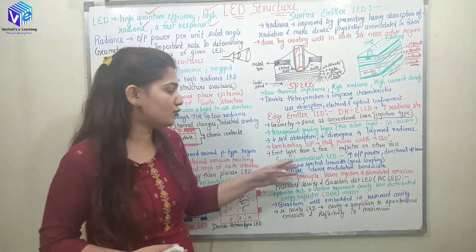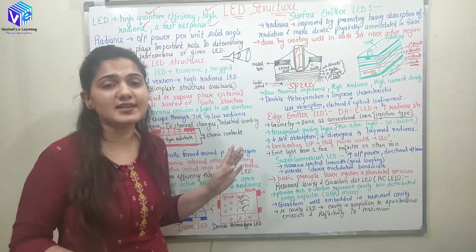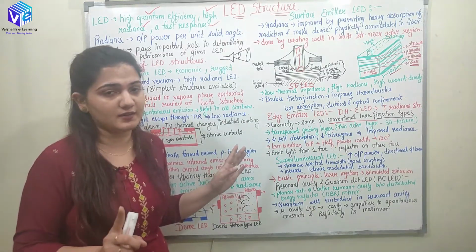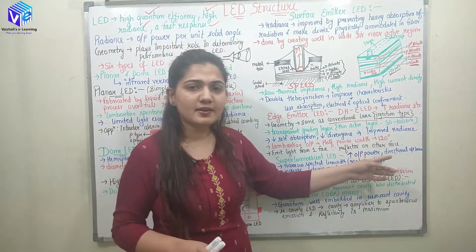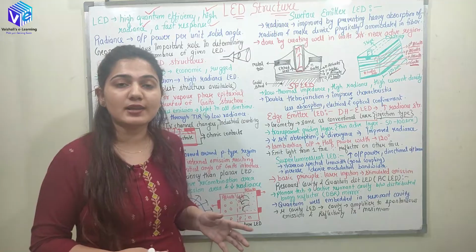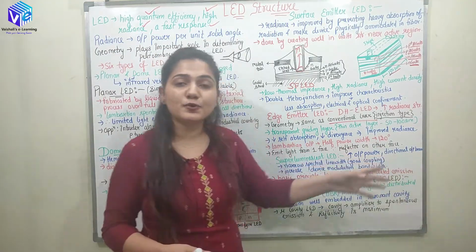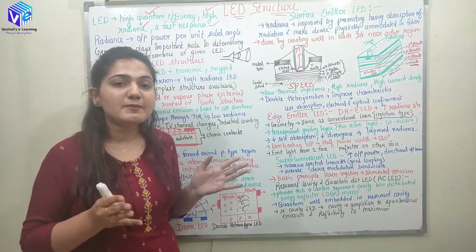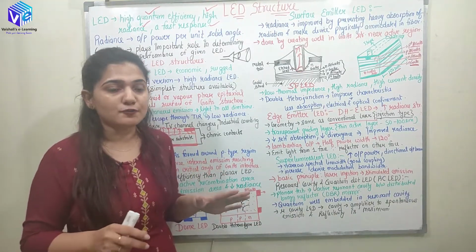Then we have the superluminescent LEDs, which are used in most of the advanced applications where cost is not a factor, right? So here we will be having increased output power. I will be having the decreased leakage current as well. So I will be having the directional output beam. The output beam is highly directional, which is giving me the best output, right?